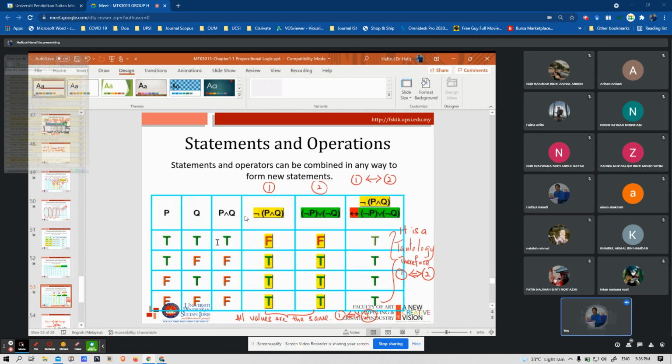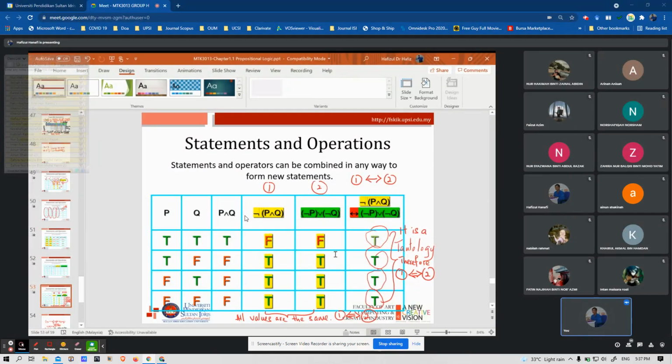Okay, same goes here. Statements and operators can be combined in a way to form a new statement. For this one, all the values are the same. Proposition one and proposition two, the outputs are the same. Therefore, it is a tautology because we have the truth values true, true, true, true.